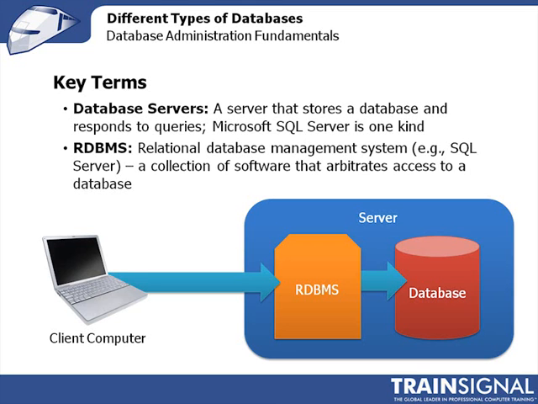And so that's what the RDBMS software does. It mediates that access so that all the different users can have the appropriate access they need. The RDBMS, the relational portion, is something that we'll talk a little bit more about in this lesson, and it tells you the type of database system that this is.